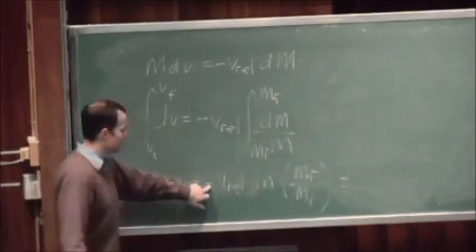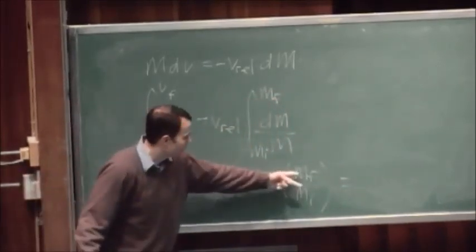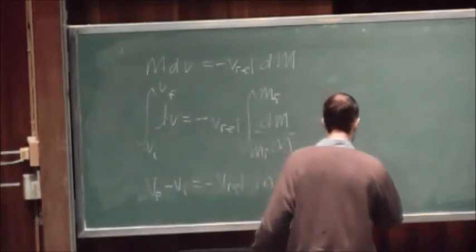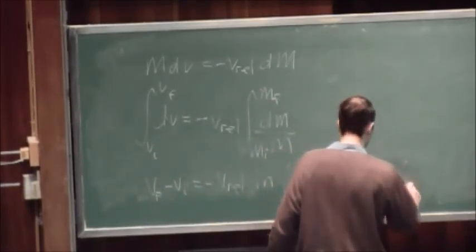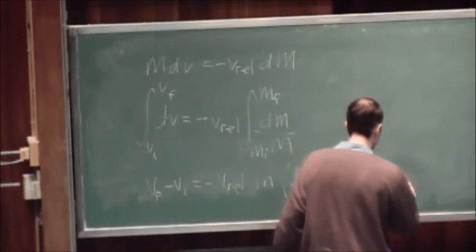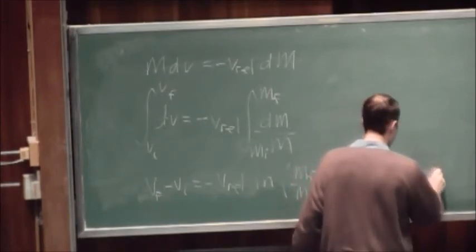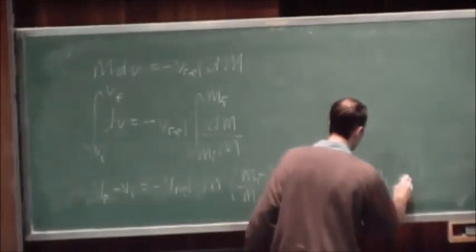But I can simply take this negative, flip the logs, and I see that this is v relative times the natural log of m initial over m final.